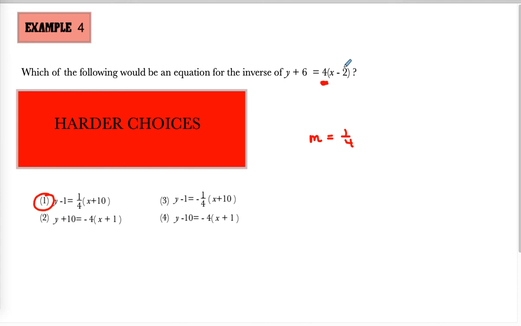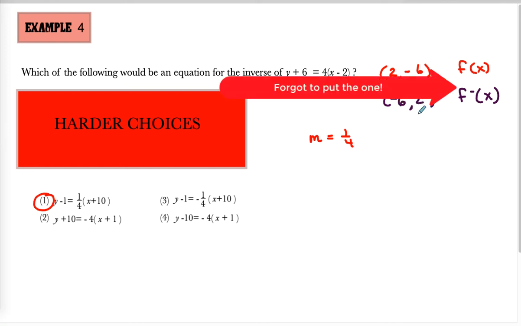So remember, I can do a quick check to make sure this said the point 2, take the opposite of negative 2, take the opposite of positive 6, which is negative 6, worked on f of x. So I can check myself and know that therefore the inverse must contain the point negative 6, 2.